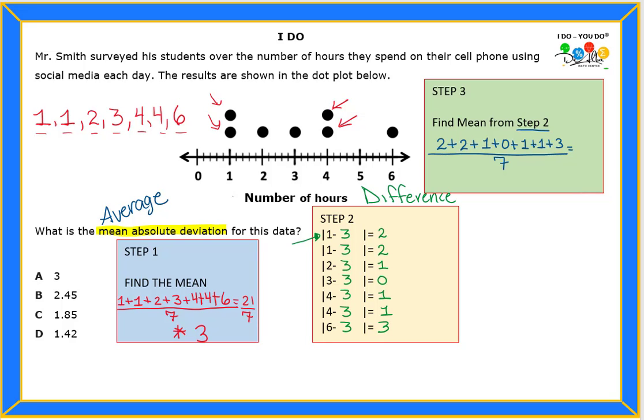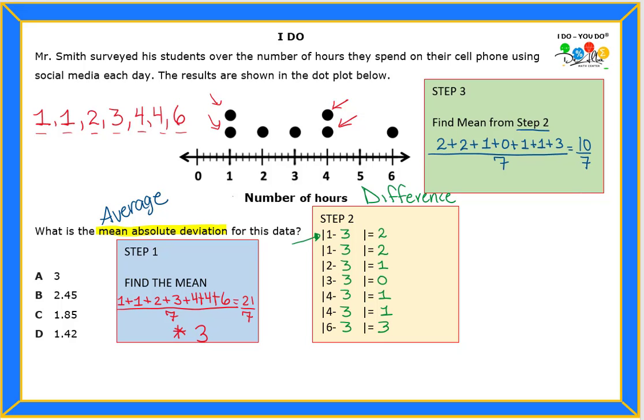Do you see why the 0 is needed? Okay, very good. So what we're going to do next is we are going to add up all those numbers, okay? And then, of course, we will divide by 7. Okay, so we have 2 plus 2 plus 1 plus 1 plus 1 plus 3. Is that right? So we have 10 over 7, right?